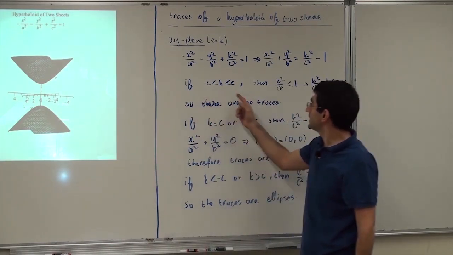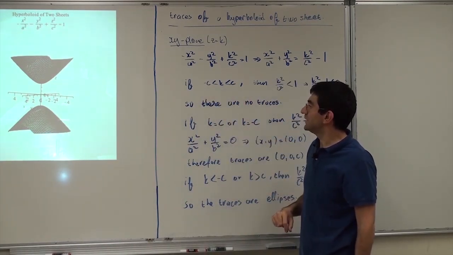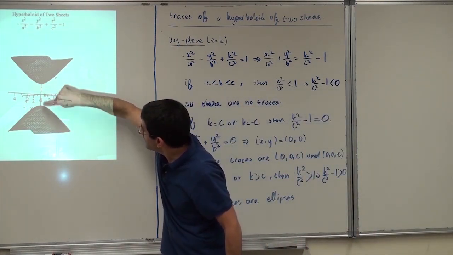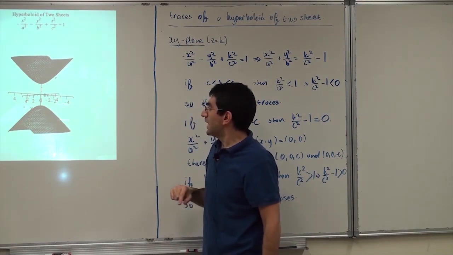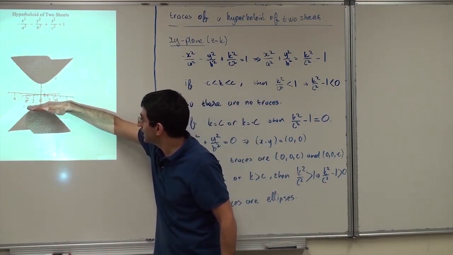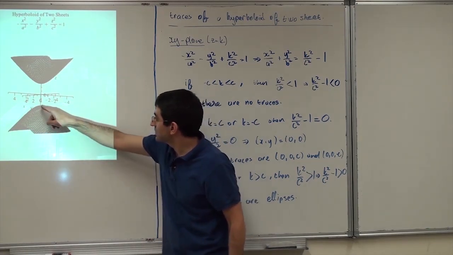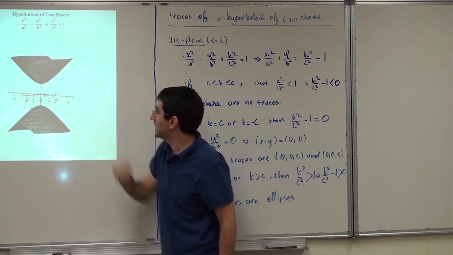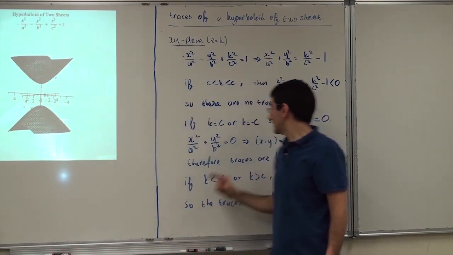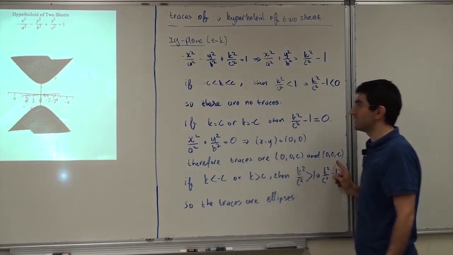This is the case where k is between negative c and c, because those points here are c and negative c. Now, if I choose the planes z equals c or z equals negative c, the intersection is going to be just one point, either this point or that point, which are the points (0, 0, c) and (0, 0, negative c).